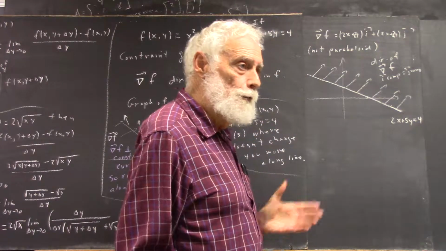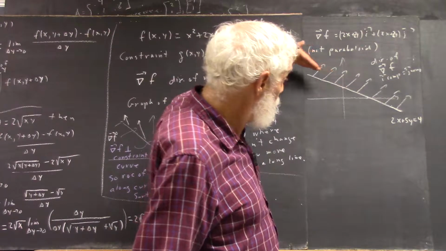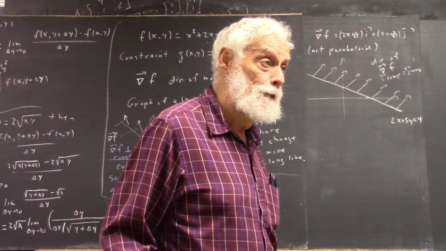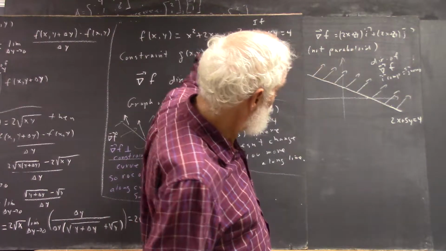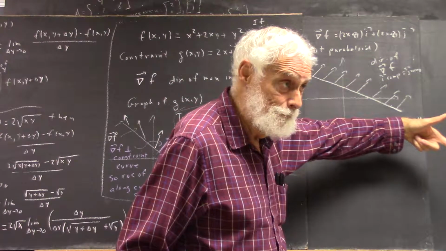It's very clear from the picture that the gradient is never perpendicular to the line, right? It looks like the gradient always has a component in the left to right direction along that line.